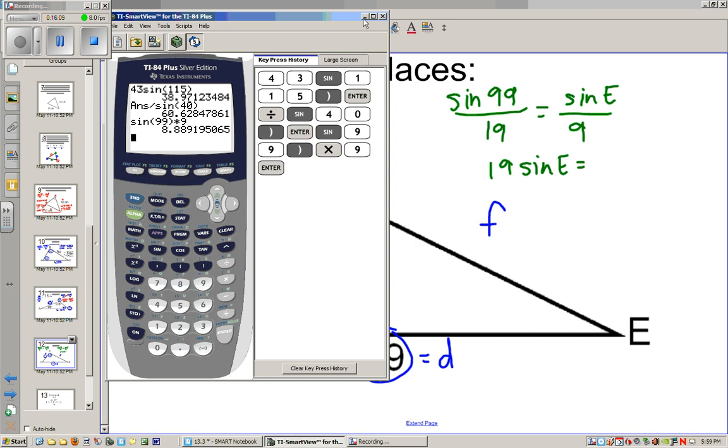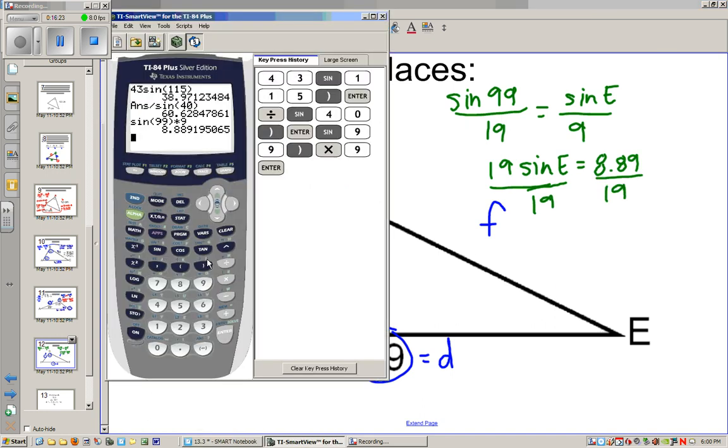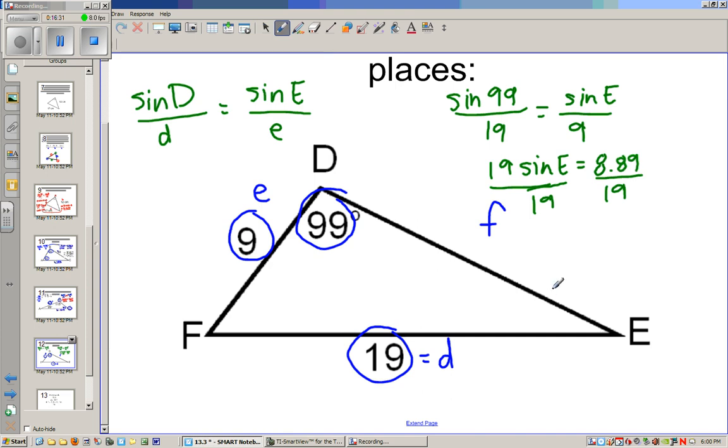So 8.89. And then lastly, or second to last, sorry, divide by 19. So 8.89 divided by 19, we get 0.4678. So the sine of E equals 0.4678.